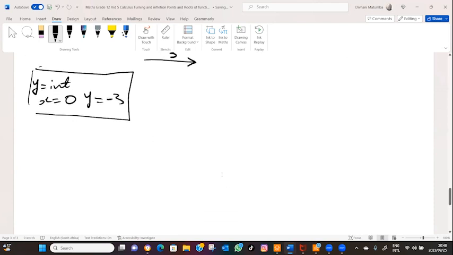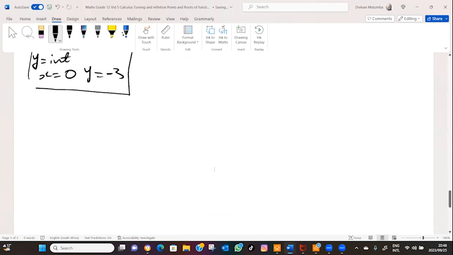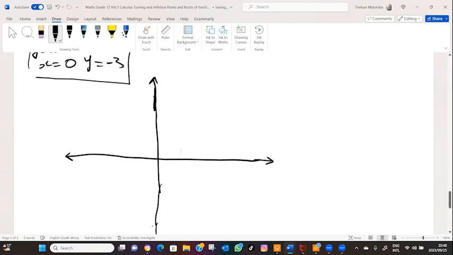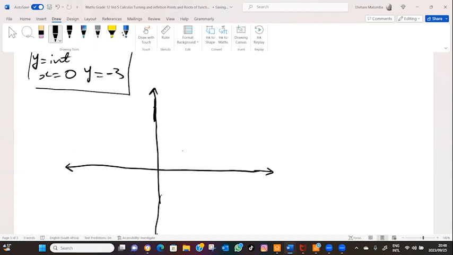Now let's see how the function will look. First of all, we know that this is a cubic function. That's number one. Now, number two, we know that the cubic function has an inflection point, which we have already solved. Now, let us mark the important points first.